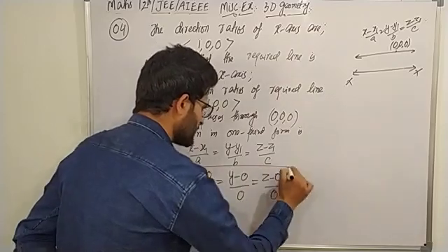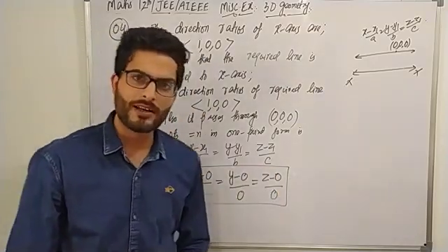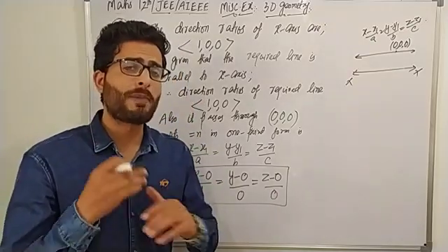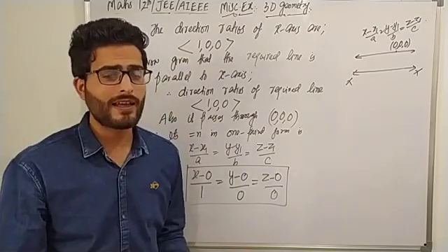So (x minus 0) by 1 is equal to (y minus 0) by 0, and that's equal to (z minus 0) divided by 0 would be the equation of that line which is parallel to x-axis and is passing through the origin.